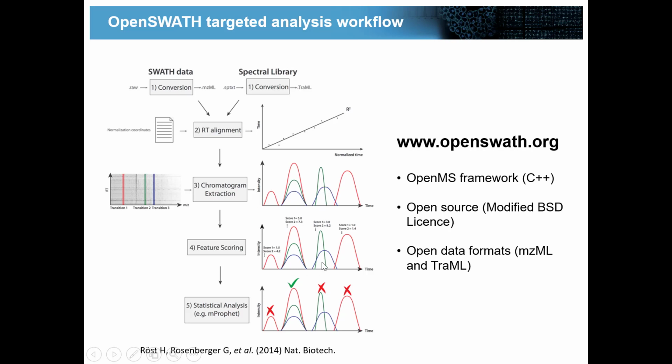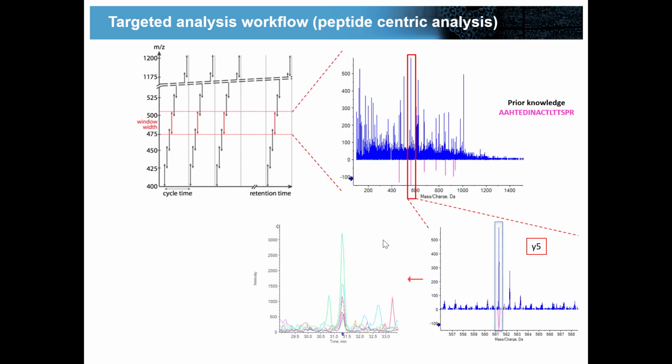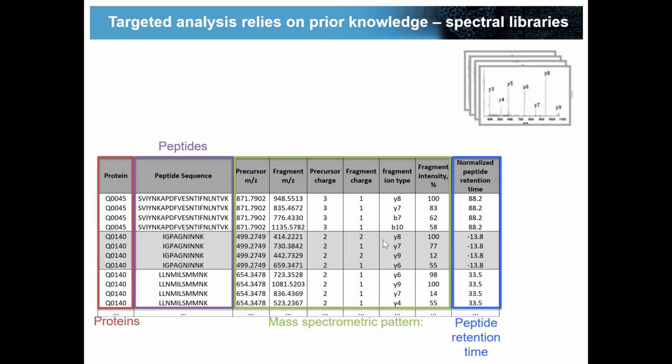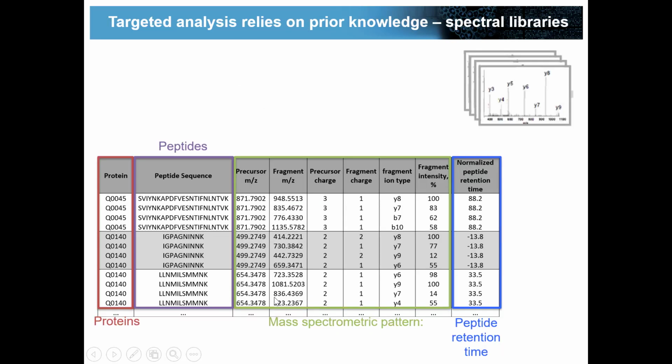And we do some scoring to say, do they all coelute? Are they consistent with the relative fragment ion intensities and so on? Then we do some statistical analysis to say whether this is indeed the peptide that we're interested in. This part of the workflow is going to be discussed in a bit more detail tomorrow.